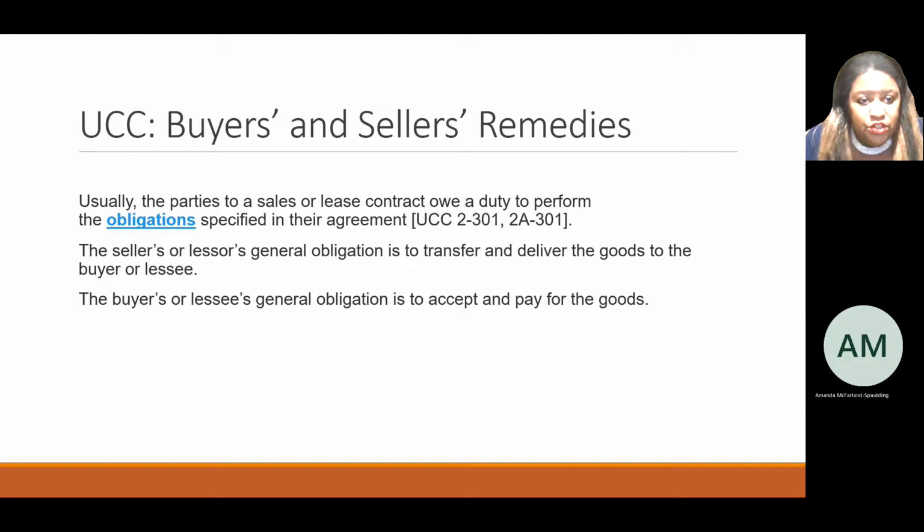The seller's general obligation is to transfer and deliver the goods to the buyer. These slides will also talk about lease agreements because sometimes people are leasing cars these days. They're leasing equipment. And we just want you to understand that a lease may also be covered by the Uniform Commercial Code.